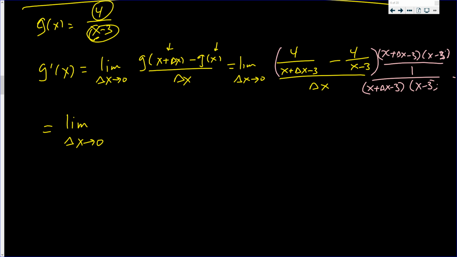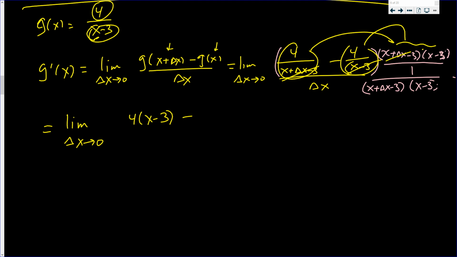Okay, equals. Now, when I multiply this by that, that's going to cancel out, but it's there for the next subtraction. So I have 4 times x minus 3 left. Minus, when I multiply this by this, that cancels out.